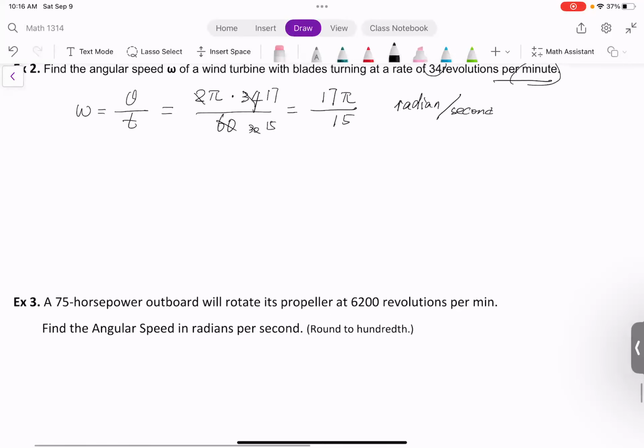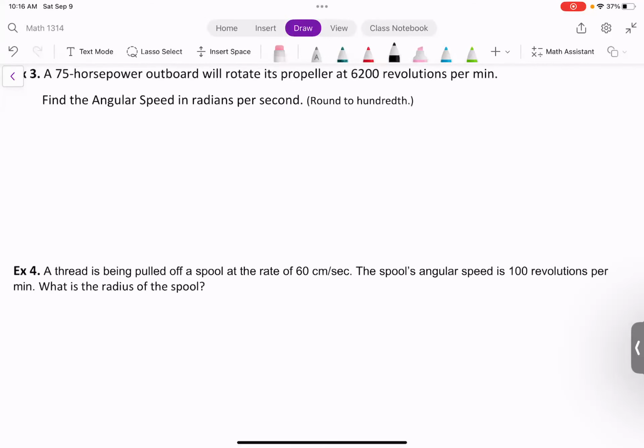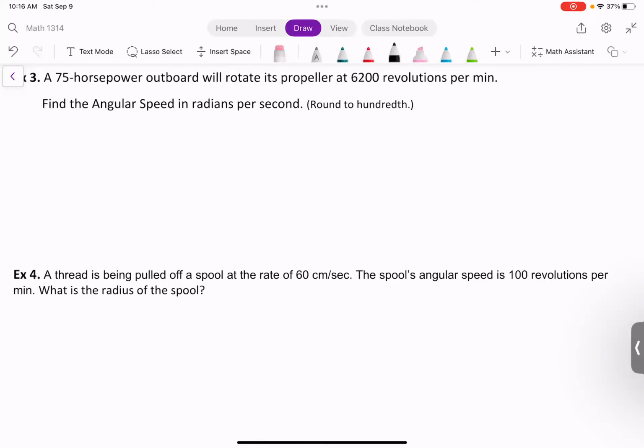All right, let's see the next one. I think it's very easy. A 75 horsepower outboard motor will rotate its propeller at 6,200 revolutions per minute. Find the angular speed, the same thing.